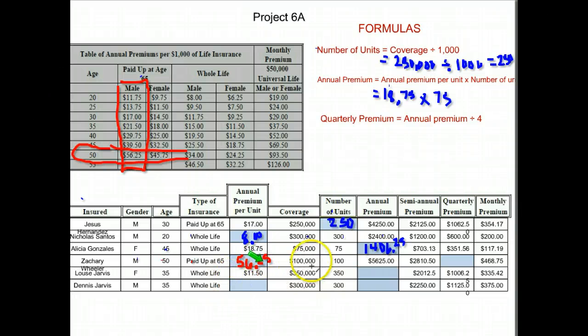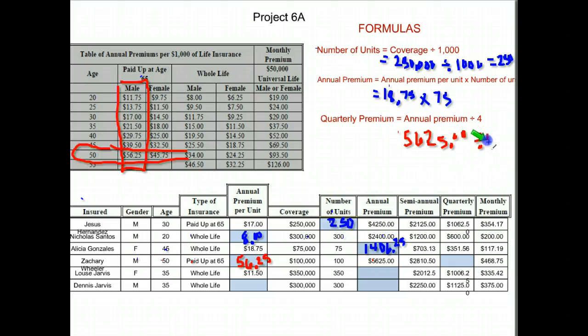As we go across, we also have another blank to fill in here. It wants to know what's his quarterly premium. Now, they didn't give us percentage amounts, so we're just going to go using dividing the annual amount up. So his annual premium is $5,625. What would he pay quarterly? Well, there are 4 quarters in a year. So to find the quarterly premium, just like it says here, if they give you a percentage chart, you would use that, but they didn't give us a percentage chart.